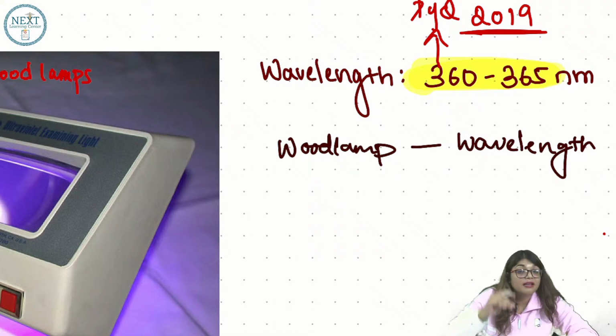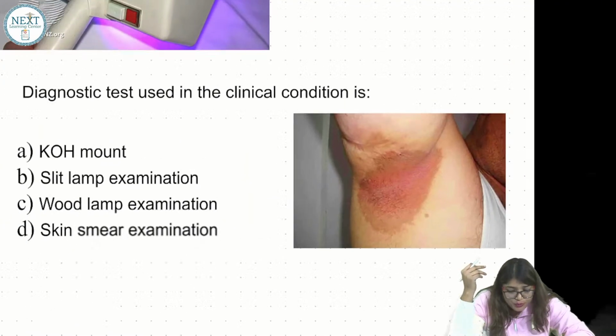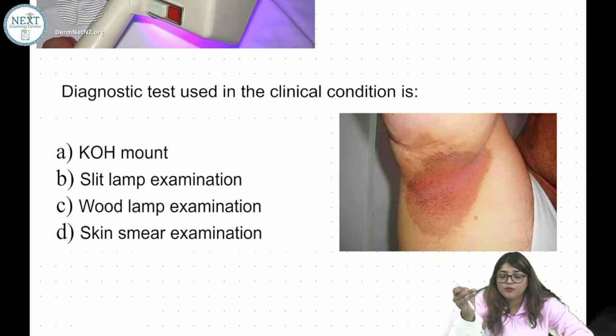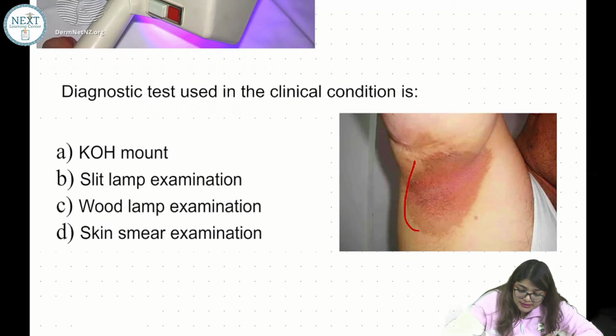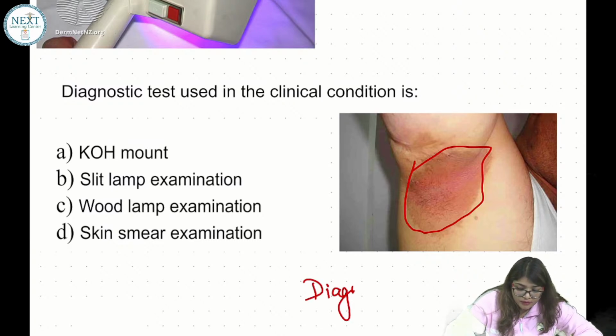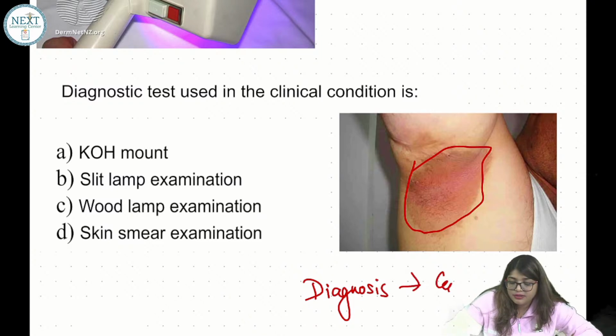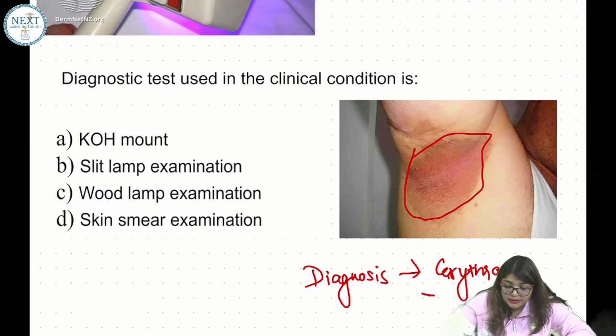Okay, and another question that came in June 22, just related to Wood's lamp. Can you tell me what this is? What is the diagnosis? Yes, very good. This is erythrasma. What is the causative agent of erythrasma?